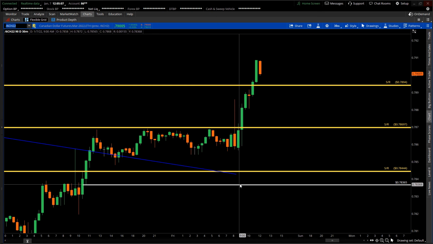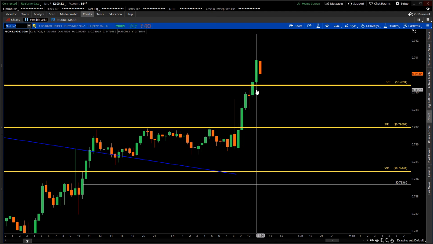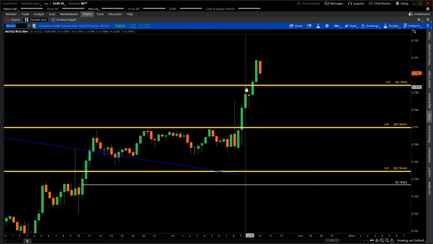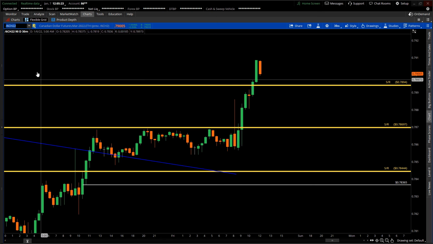Between my entry and my exit, this was a 6-to-1 risk to reward. Actually, it was greater than 6, almost 6.5 risk to reward. So a great return on this trade.